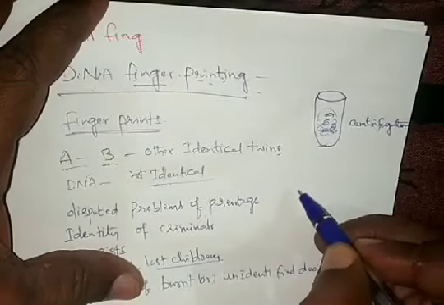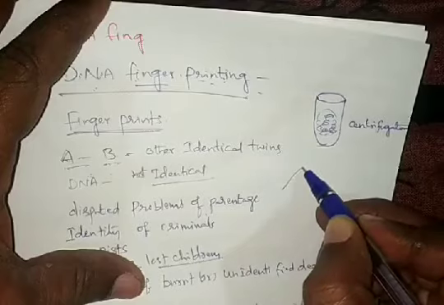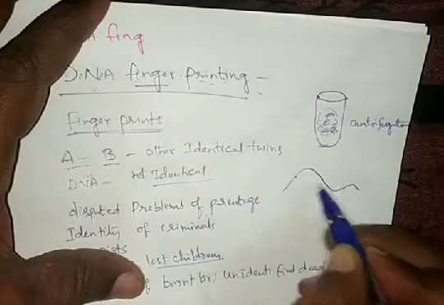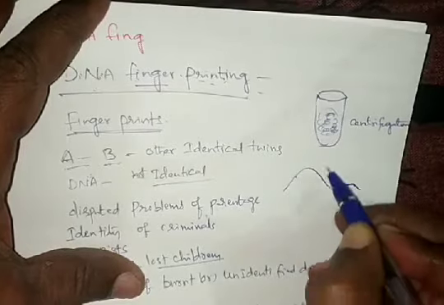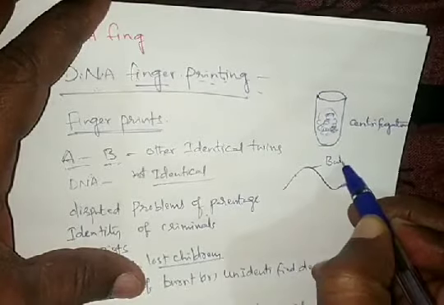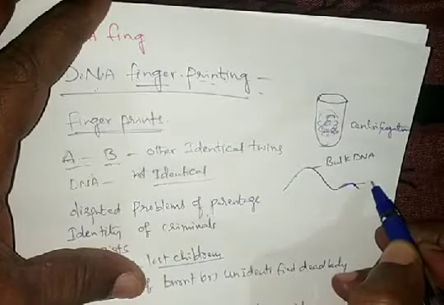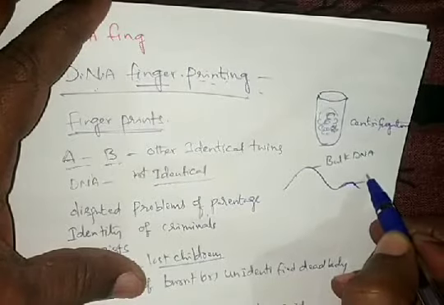It separates as peaks: a large peak and a small peak. The large peak shows the bulk DNA, and the small peak shows the satellite DNA.